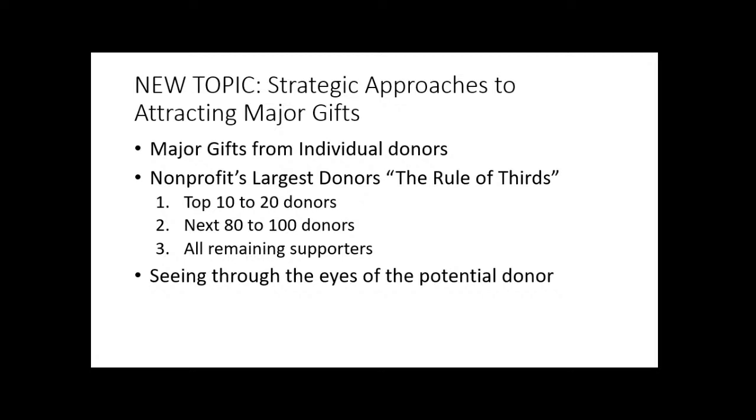So I want to talk a little bit about three different types of ways to look at donors. My favorite is the rule of thirds, and so I'll describe that last. Let me first talk about the 10-90 rule, the 90-10 rule, or the 80-20 rule.